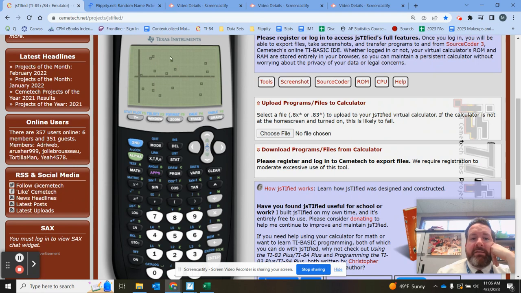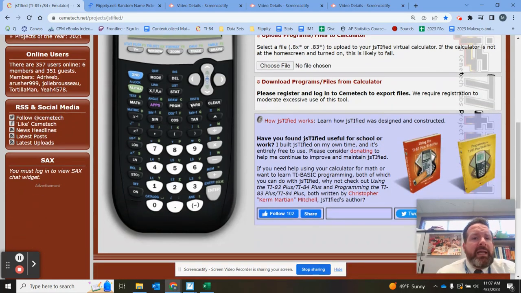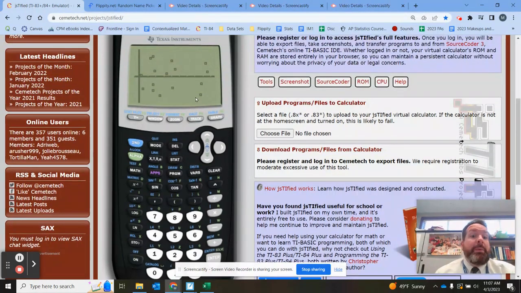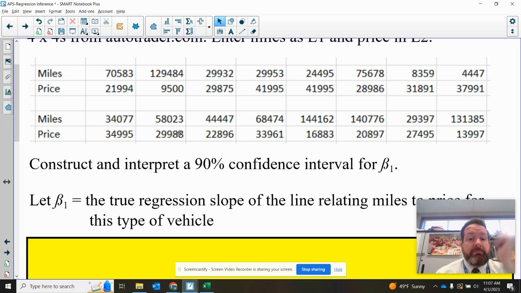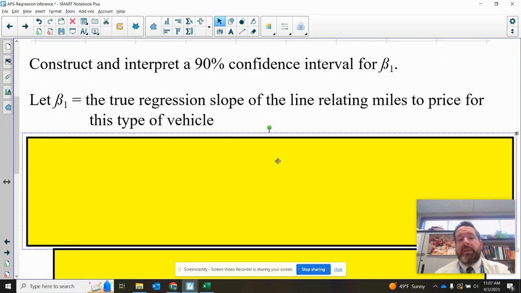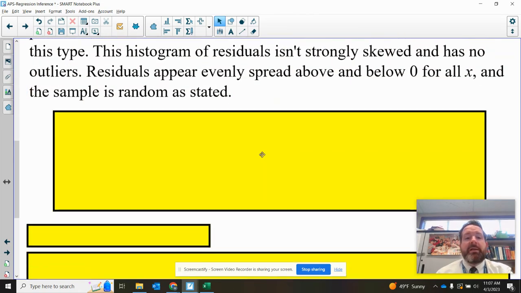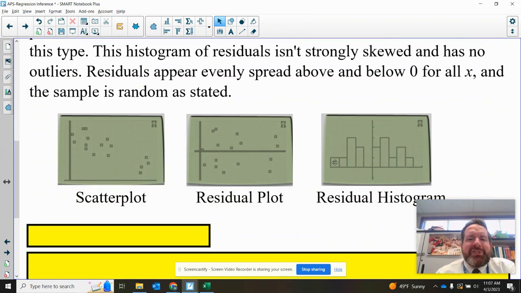Yeah, this looks roughly spread out about the same the whole time. I certainly don't see a fanning effect happening, so we're good there. And then that's the E. Lastly is the R. We were told this is a random sample, so we're good. Conditions are met. So write it. And I would include these sketches myself, a rough sketch of the residual plot, scatter plot, and histogram. Because there's so many graphs, it wouldn't hurt to label them.